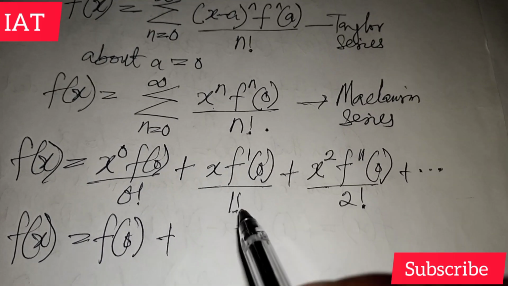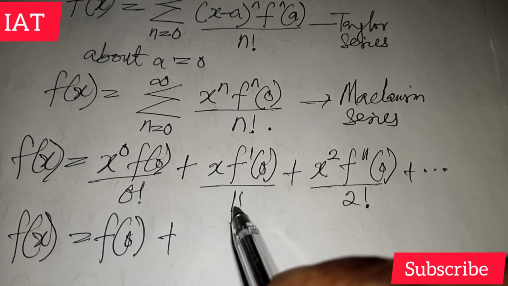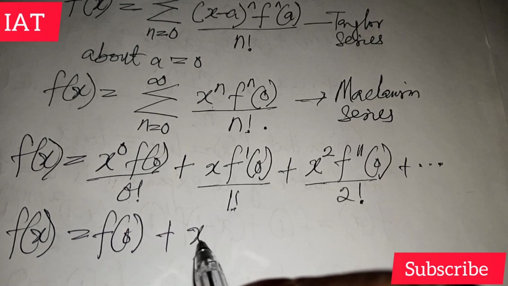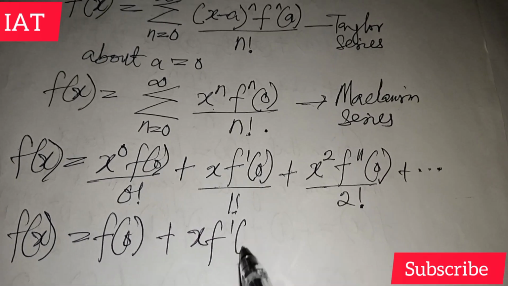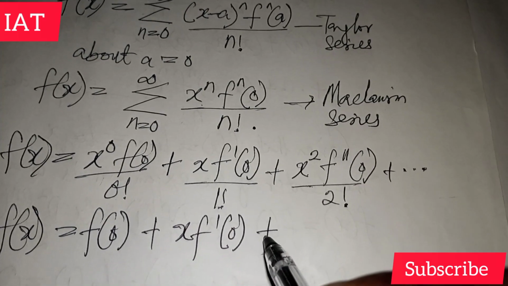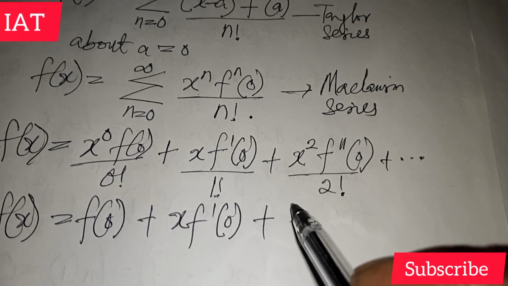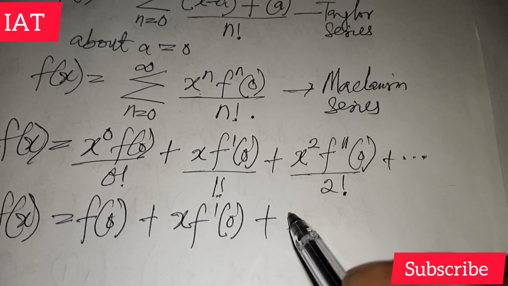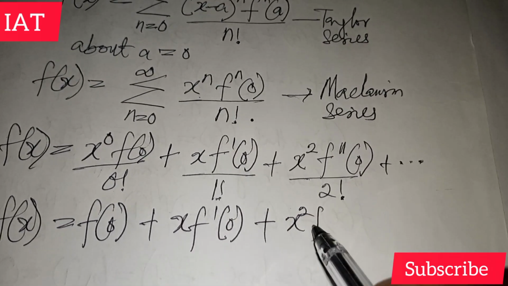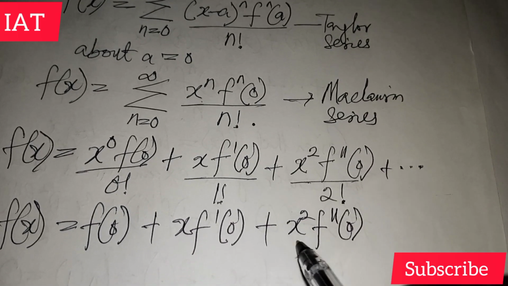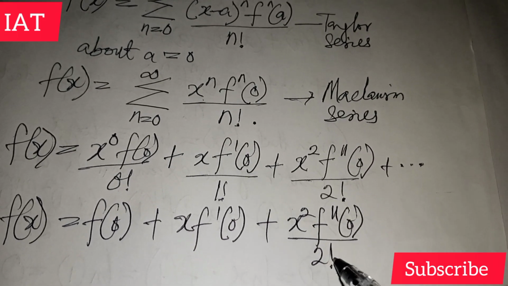We also know that 1 factorial is 1, so the next term is x times the first derivative of f at 0. Then we rewrite x to the power of 2 times the second derivative at 0 over 2 factorial.